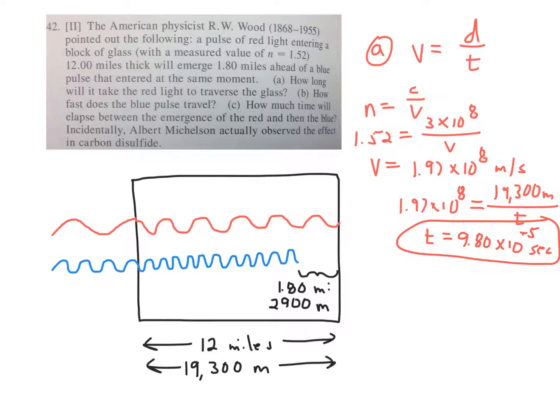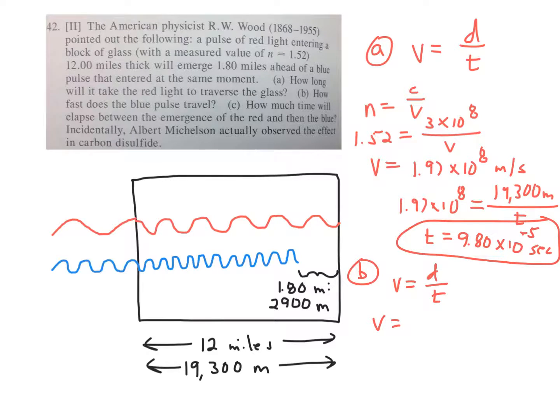All right. How fast does the blue pulse travel? Okay, so part B here, it's traveling a little slower. It's not going quite as far in that same amount of time. So we're still going to use V equals D over T. We're looking for V. It's only traveling, well, not the whole 19,000.